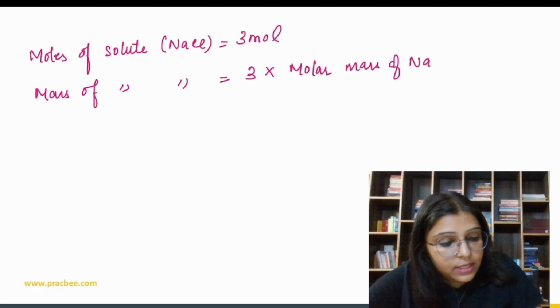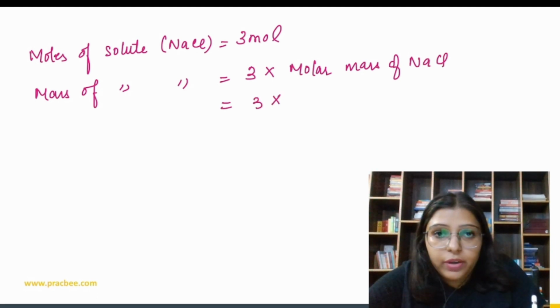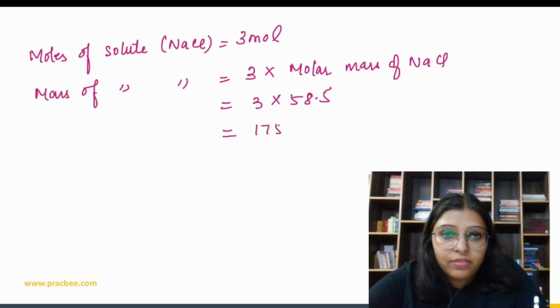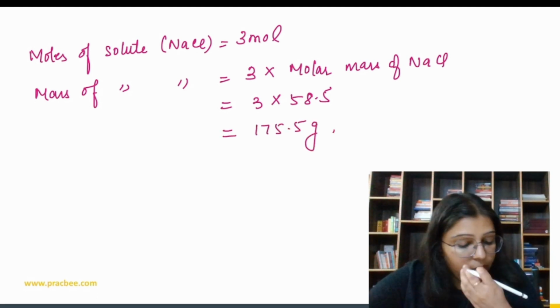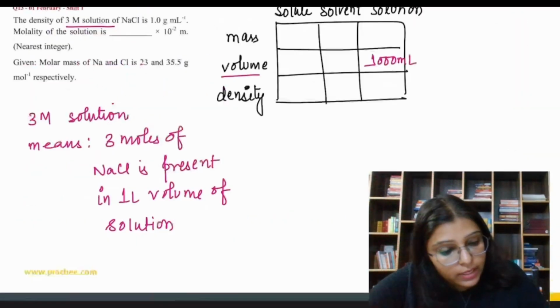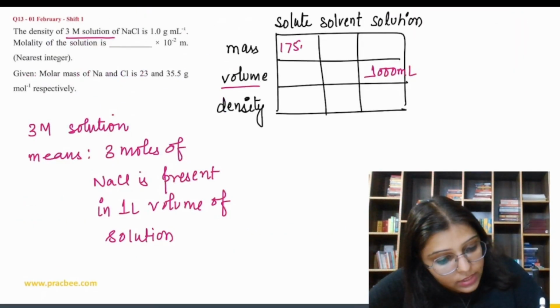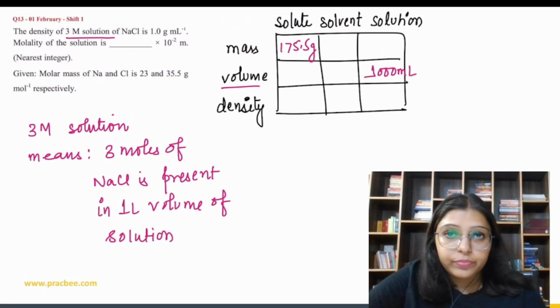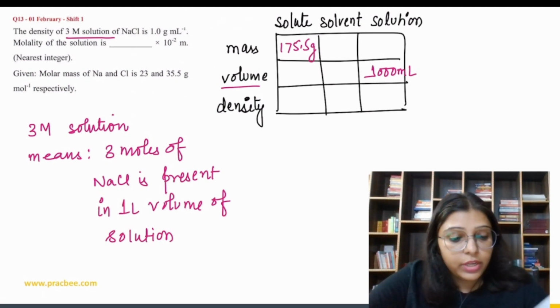The molar mass of NaCl is 58.5. On solving, we get 175.5 gram. So let's write this 175.5 gram. The density of solution is 1 gram per ml.